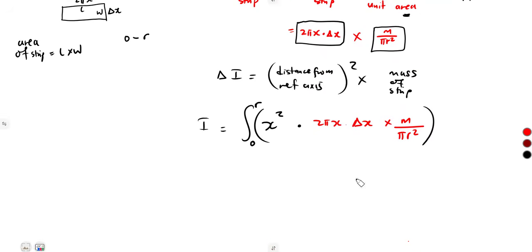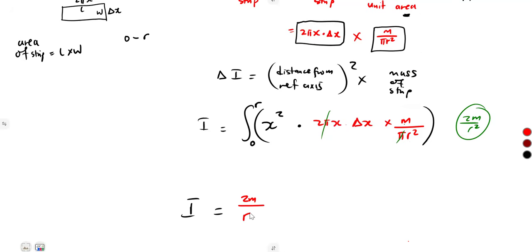Since we are to integrate with respect to x, we can take the 2 pi outside, but also simplify here. Pi and pi cancel, so we are left with the constants 2, m and r squared. So 2m over r squared is a constant, and we can take it outside of the integral.